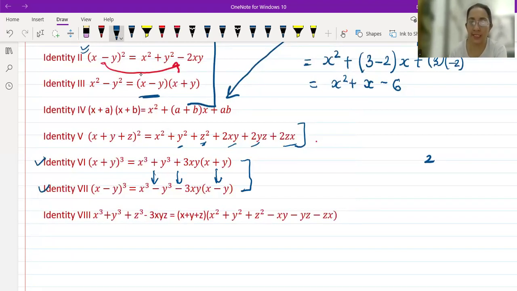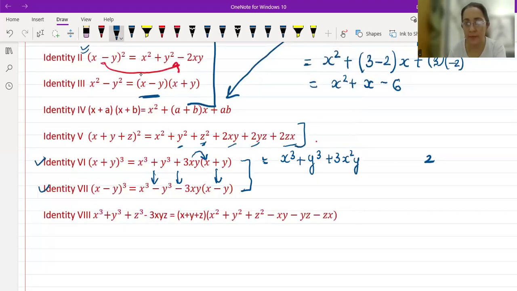Both identities can also be written in another way. When you open the bracket, this can also be written as x cube plus y cube. When you open this bracket, this will be multiplied with the first term, plus 3x square y, plus, now this will be multiplied with the second term also, which will give us 3xy square. This way also you can have questions in the exercise.